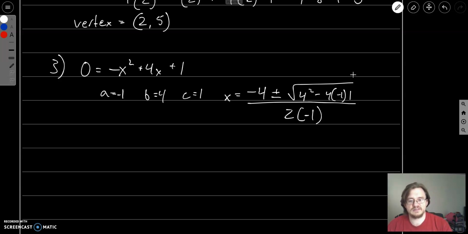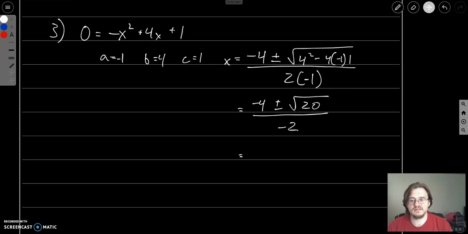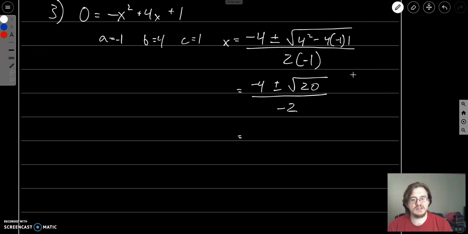So let's simplify this. Negative 4 plus or minus the square root of 4 squared, which is 16, plus 4, so that's going to be 20, all over negative 2. Simplifying some more, the square root of 20, notice that 20 is going to be equal to 4 times 5. So the square root of 20 is the square root of 4 times 5. So this is going to be plus or minus the square root of 4 times the square root of 5.